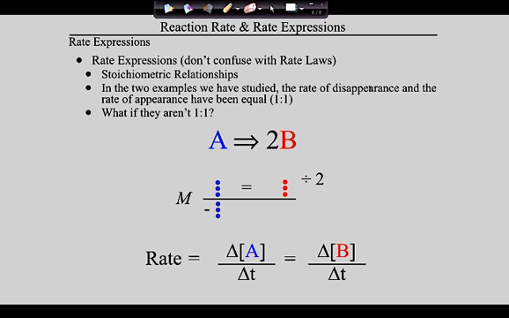So here's how you write rate expressions. This is just how you calculated rate before, change in concentration over change in time. So rate is equal to the change in concentration of A over the change in time, and that is equal to the change in concentration of B over the change in time.